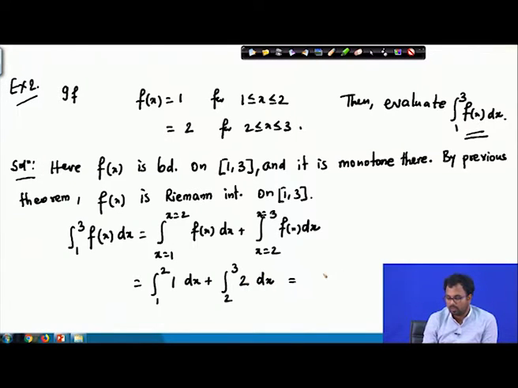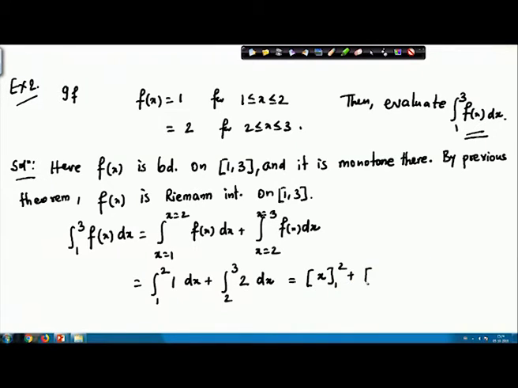So if we calculate, this is basically x from 1 to 2 plus 2x from 2 to 3. So this will be 2 minus 1 plus 6 minus 4. Sorry, this one is 4. So 6 minus 4, and therefore this will be 3.